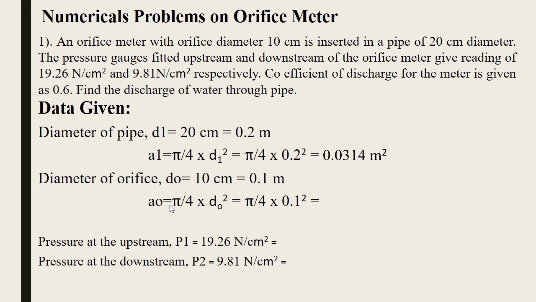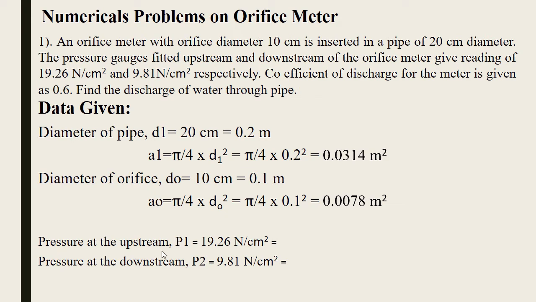So A naught is equal to pi by 4 into D0 square, and I substitute the value 0.1 in the place of D0. So it becomes pi by 4 into 0.1 square, which is 0.0078 meter square.